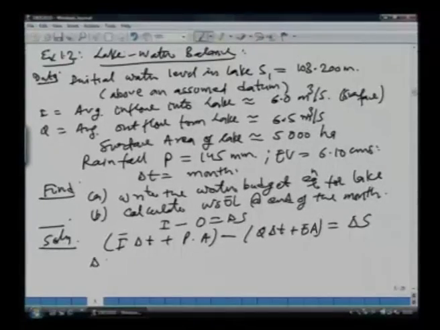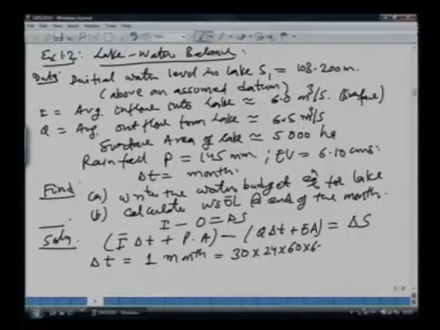Now, delta T we know is 1 month. We can convert it into seconds. Assuming 30 days, 24 hours, 60 minutes, 60 seconds, it will be approximately 2.592 times 10 to the power 6 seconds.